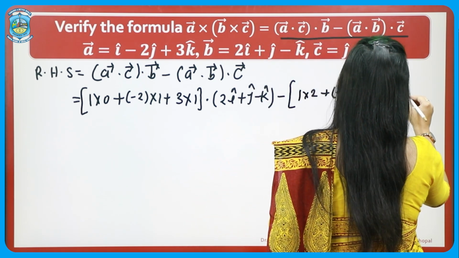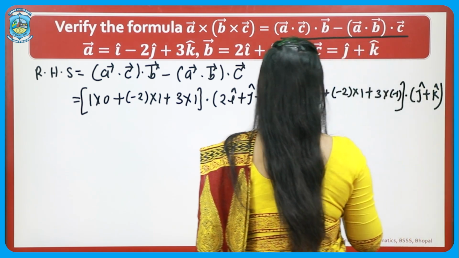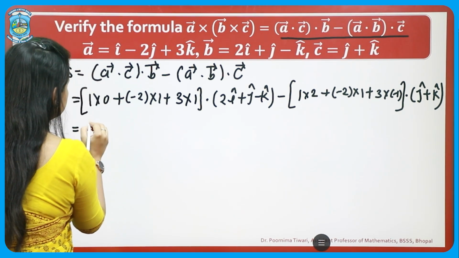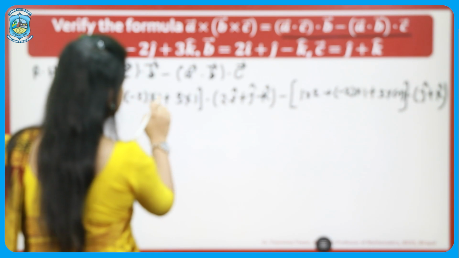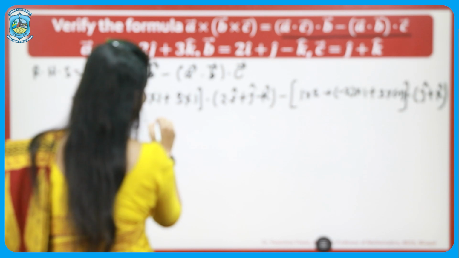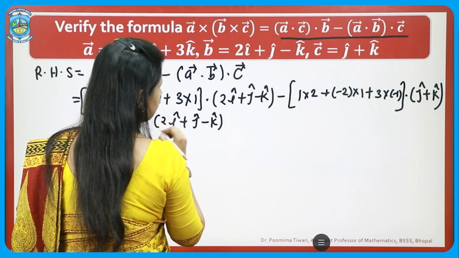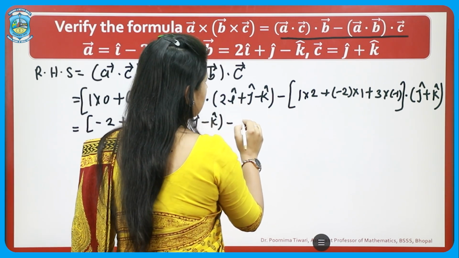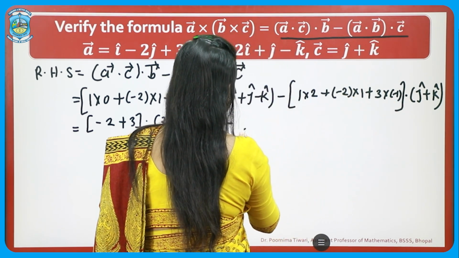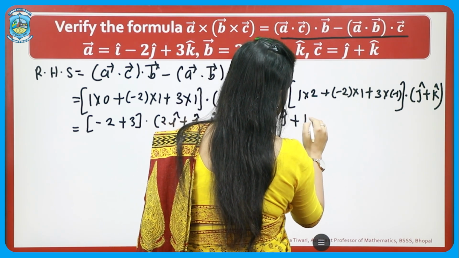Dot product with vector C, that is j cap plus k cap. Now, on simplification, this would be minus 2 plus 3 dot product with 2i cap plus j cap minus k cap, minus of 2 minus 2, that is 0. So, we will get minus of 3 j cap plus k cap.